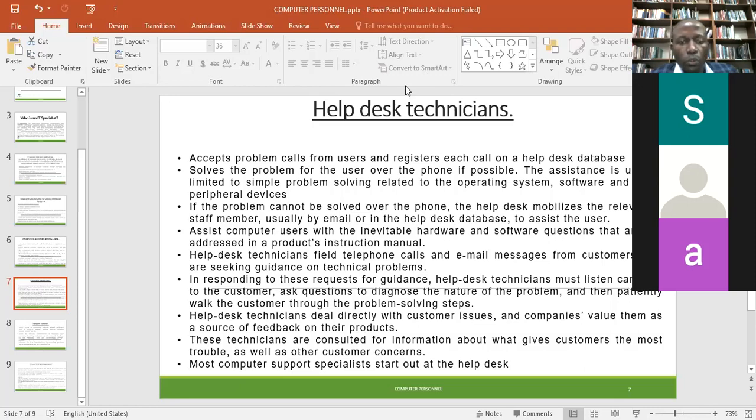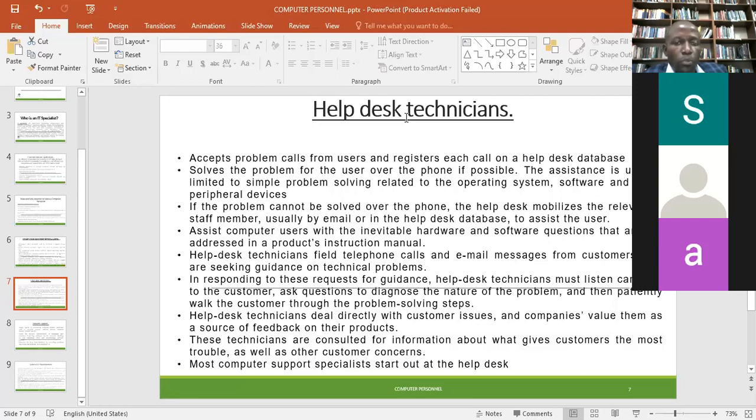So you're likely to get a job as a help desk technician, and yours will be to receive the calls and register the problems within a database. When you register that problem, you have to note down that it is accounts, marketing, or maybe the HR department who called and said they are not able to access the internet. Or if it is an application that is used across the organization, they say, we are not able to access the application, maybe because of internet problems.